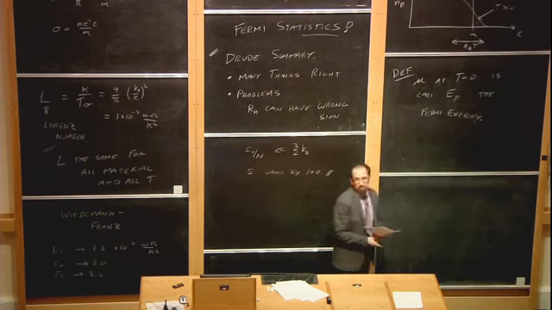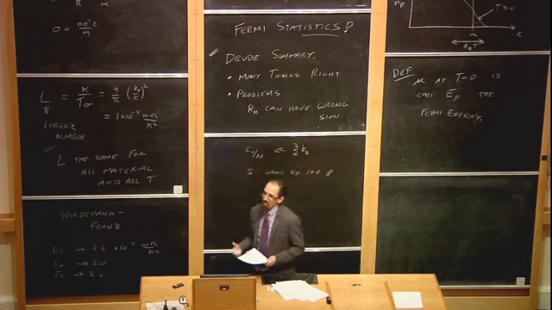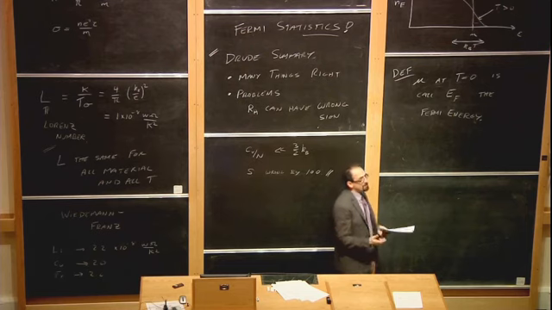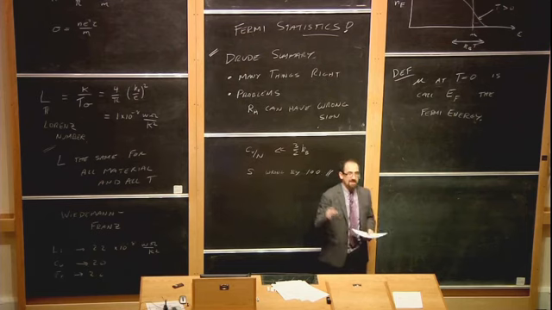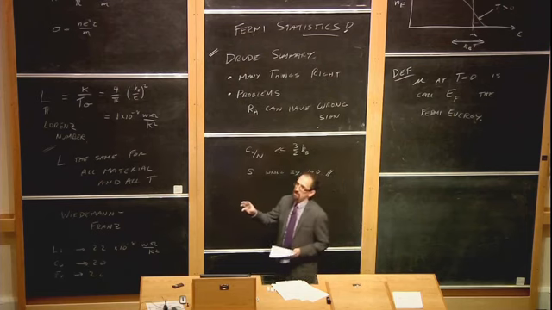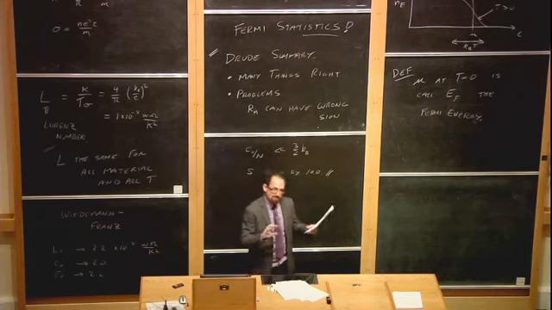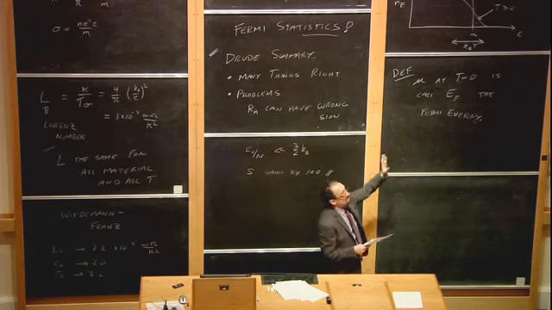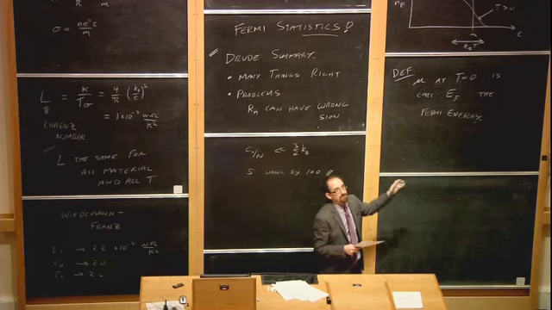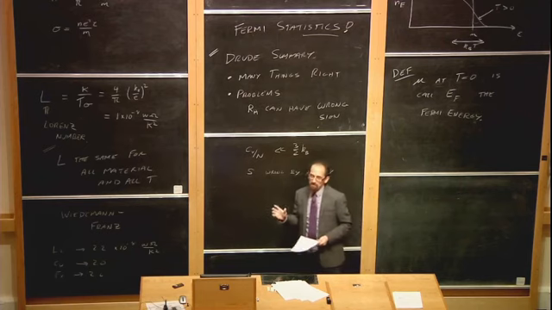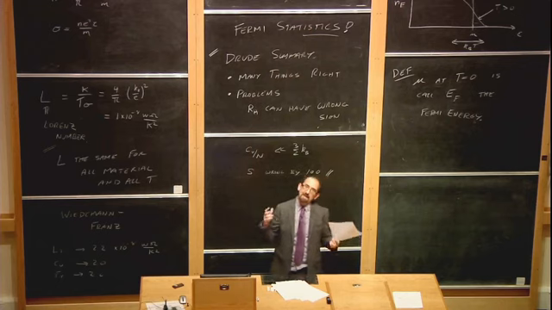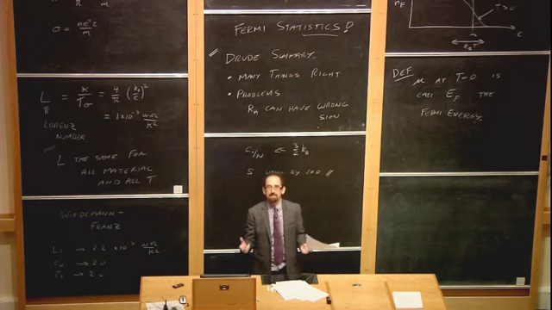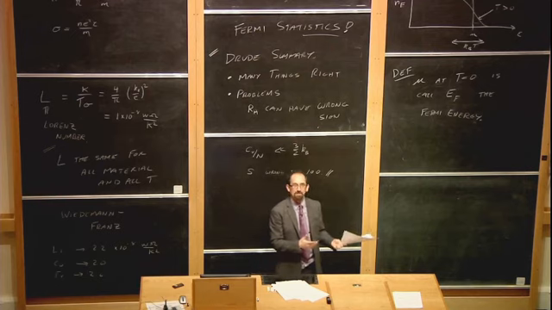Now, I should warn you that there is some disagreement in the books as to what you're supposed to call the Fermi energy. Some people think that the chemical potential and the Fermi energy are synonymous. Most people, I believe, think that the chemical potential at zero temperature is the Fermi energy, and that's the definition we're going to work with. It makes sense to do that because why would you have two terms that mean exactly the same thing? You just call it the chemical potential if you mean chemical potential.